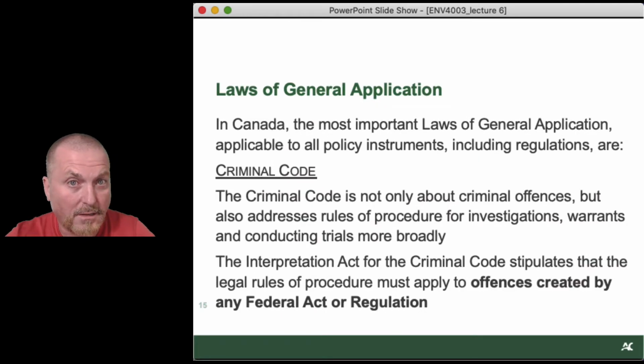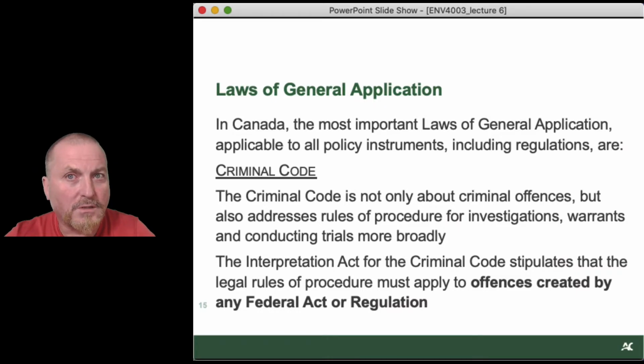Okay? But what are these laws? Well, the first very important one is the Criminal Code. Because when you apply laws, even tertiary laws like regulation, economic instruments, permitting and licensing processes, all of these things, they all are imposing legal penalty when something is not followed, right?